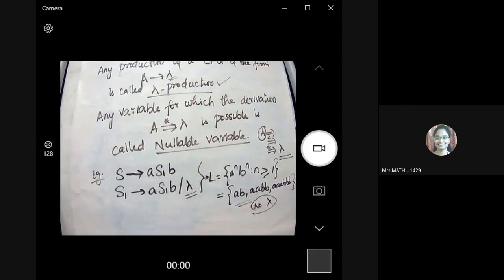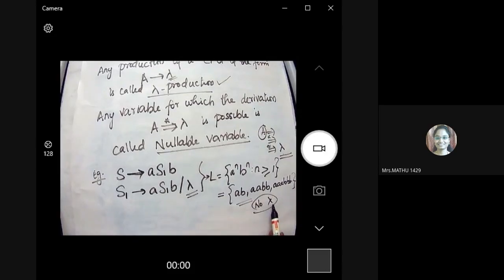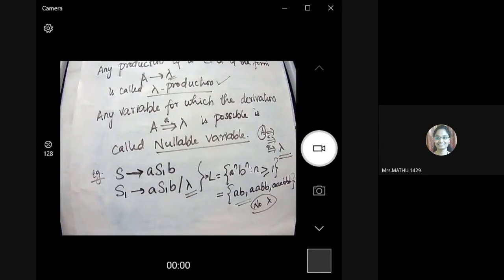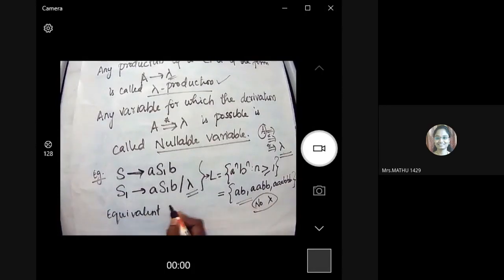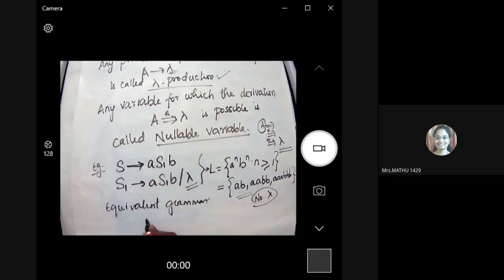Even though the language generated by this grammar does not have the string lambda, the grammar has a lambda production. This is not needed actually. So we want to generate an equivalent grammar by removing the lambda production.